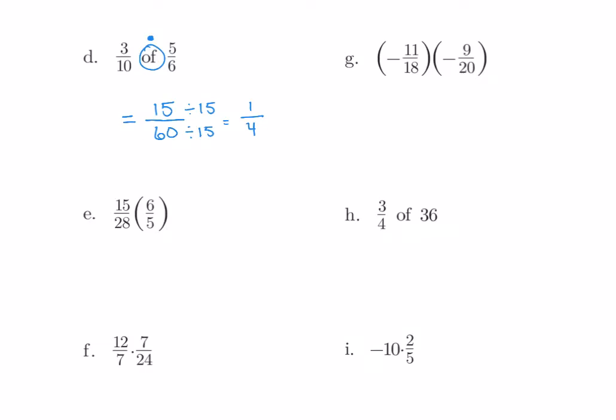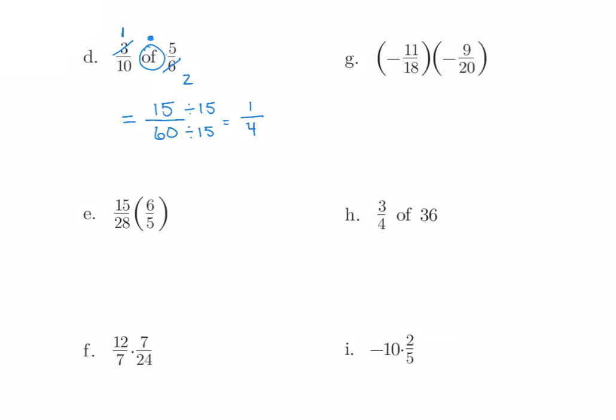The other way that we can do this is, again, we can cancel common factors with tops and bottoms. So for instance, 3 and 6 are both divisible by 3. If we divide 3 by 3, we get 1. If we divide 6 by 3, we get 2. Similarly, 5 and 10 are both divisible by 5.